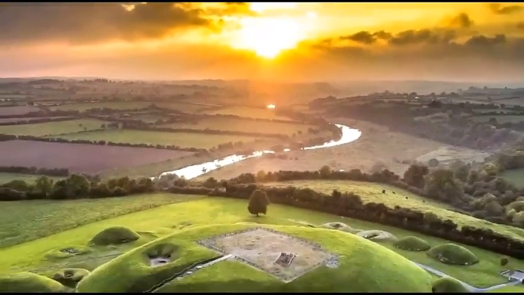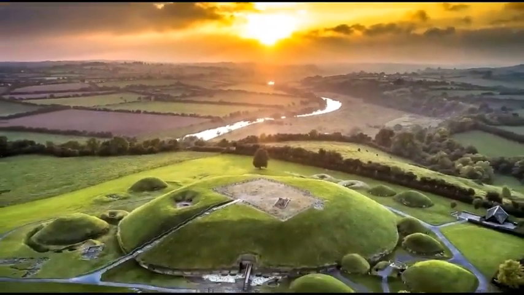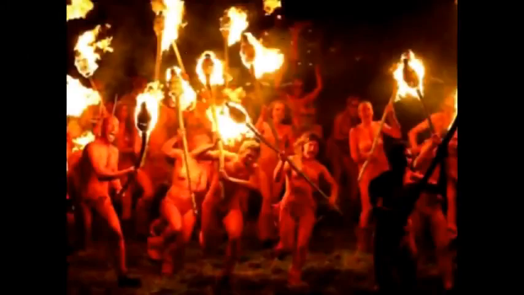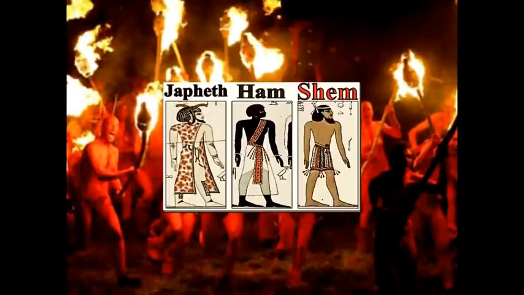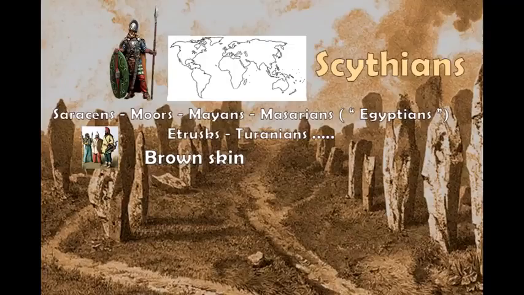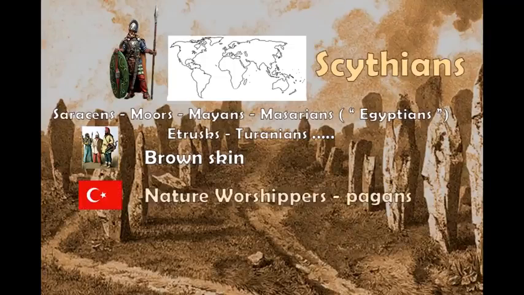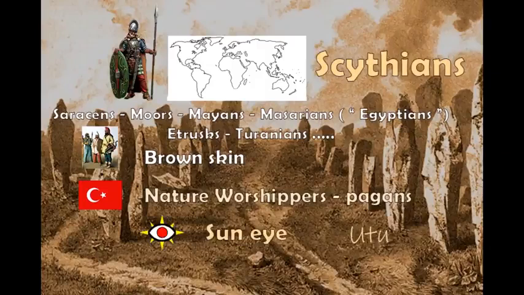For that, they were labeled as pagans and persecuted by the Aryans, Christians and the Semites. So the Scythians were brown-skinned. They were nature worshippers, the pagans, and they worshipped the sun eye and the moon eye.